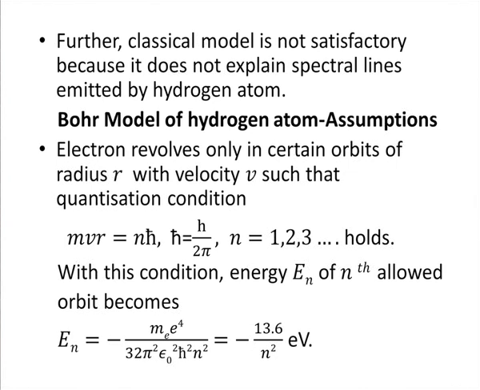Now, these n's are just called quantum numbers, and with this condition the energy E_n of the nth allowed orbit becomes E_n = -13.6/n² electron volt. Minus simply means that the electron is bound. You have to give that much energy to make it just free.